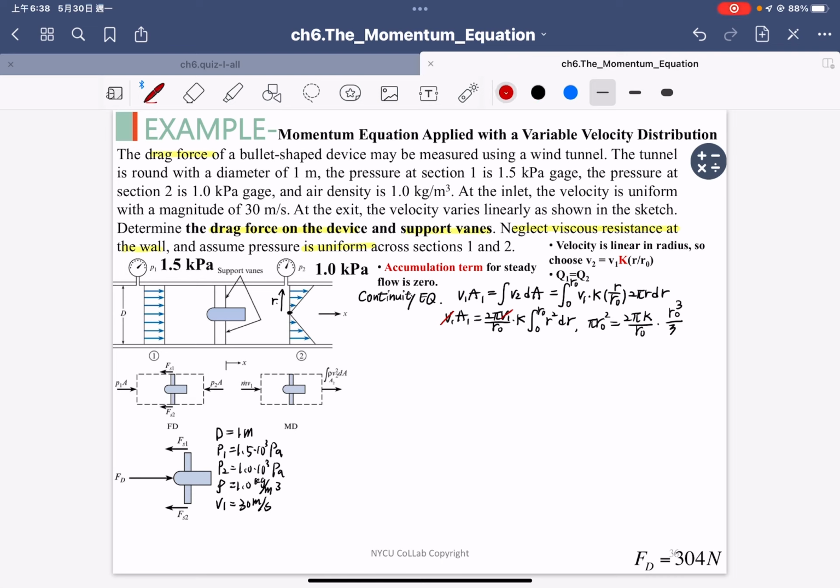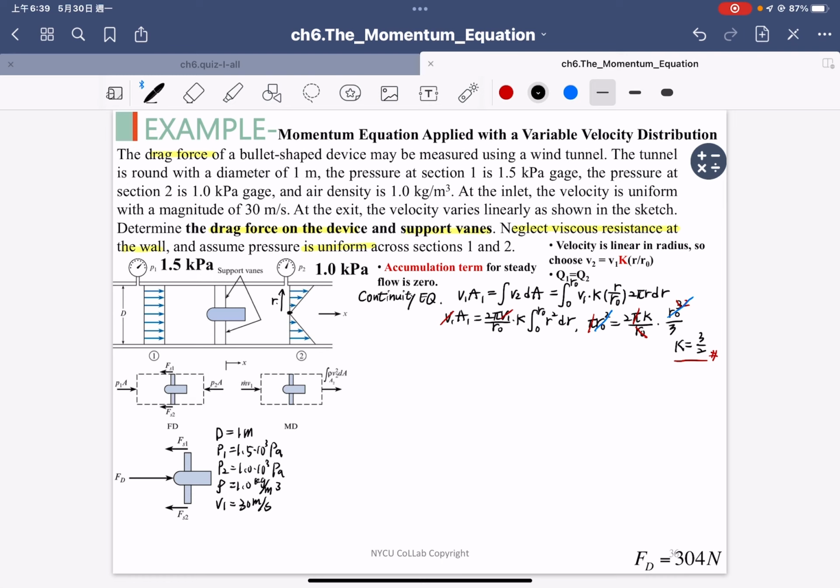So we cancel out some parameters: the 2, and we remove the pi on both sides, and they also cancel out R0 squared. So finally we can conclude K will equal 2 over 3. This is the first, based on the continuity, so we know the K coefficient.